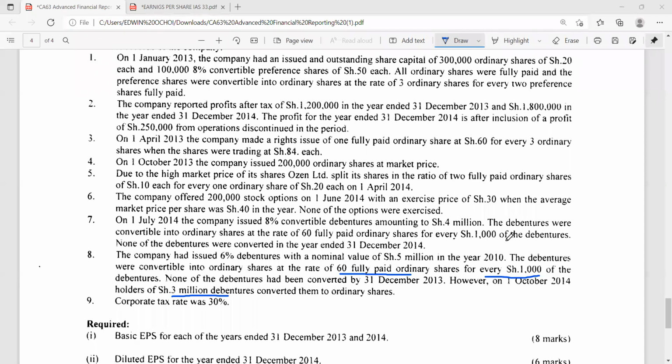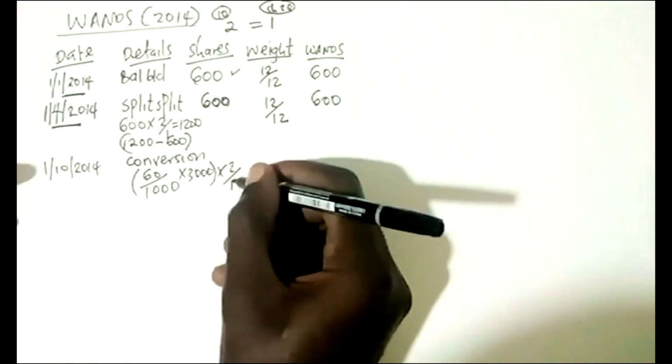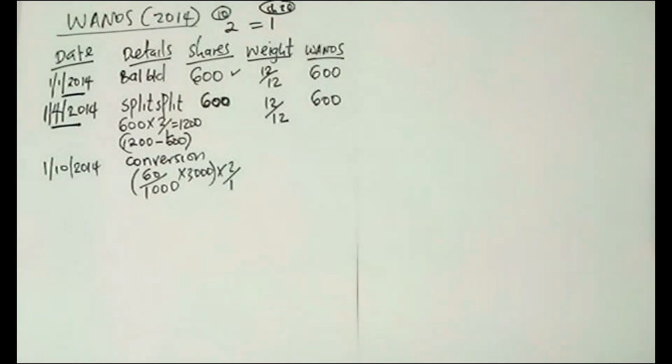Its price is high. We need to split. Like now, this security, the 5 million, was issued in the year 2010. So considering that this one comes before April 2014, it means that it has not been split. We need to split by multiplying by 2 over 1.